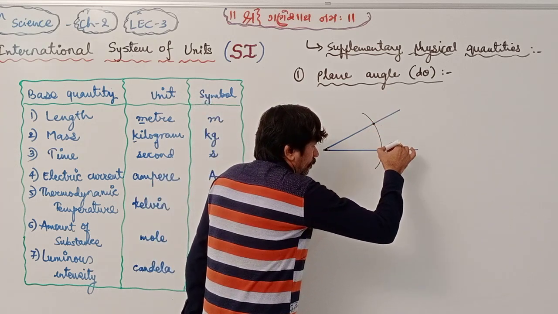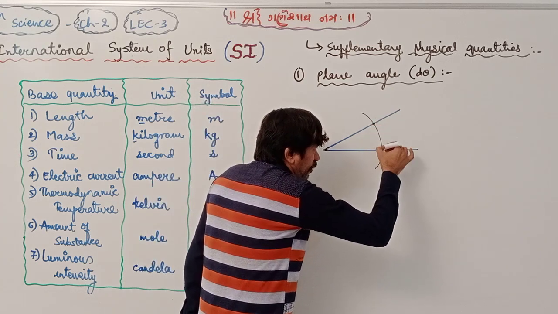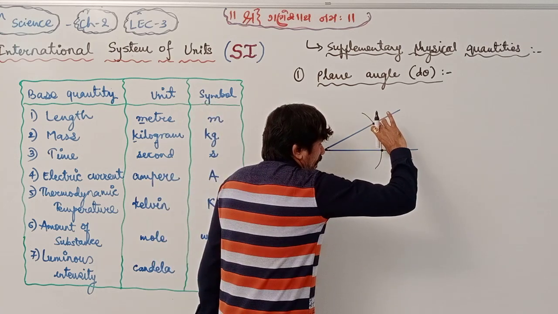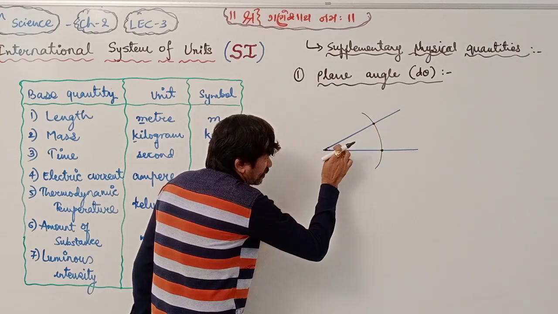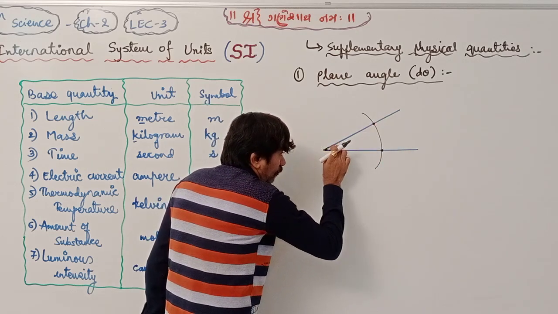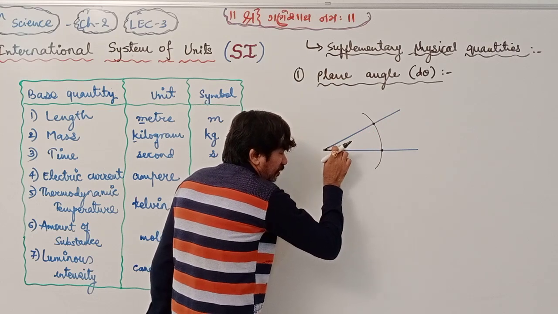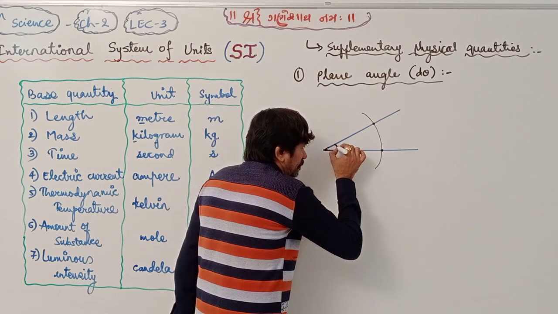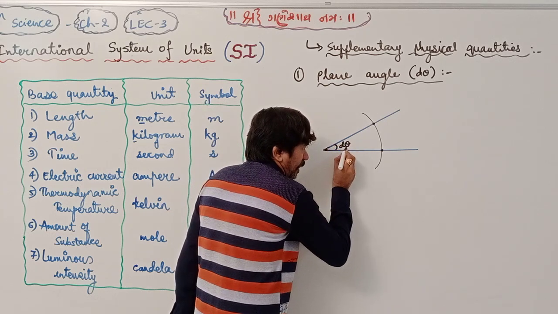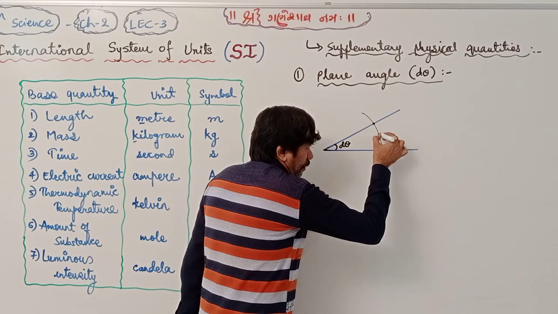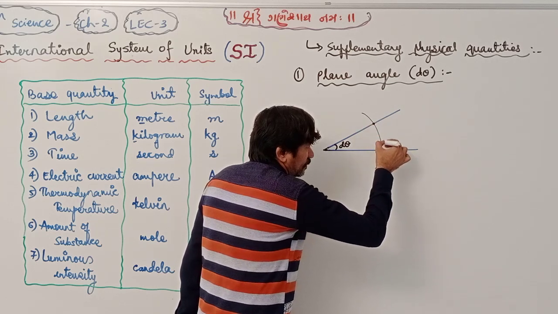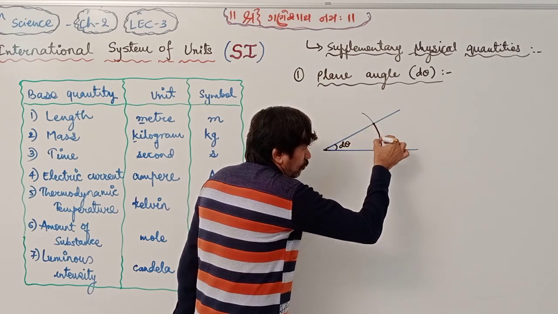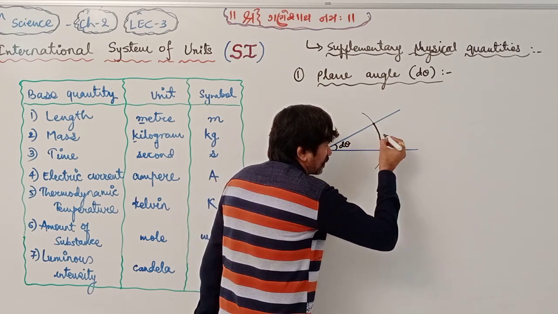The length between these 2 points is called length of the arc, which has subtended the angle. So this angle is denoted by symbol d theta. What is this? Length of the arc which is in front of this angle.